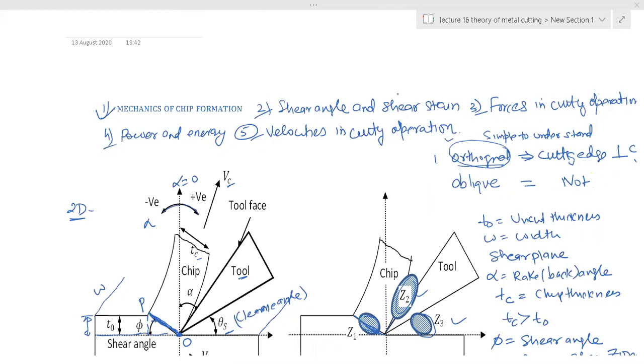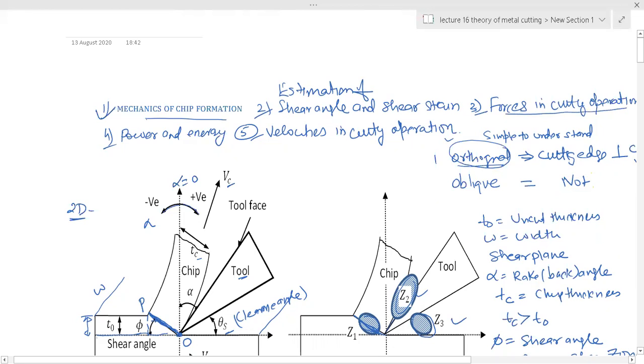We were discussing mechanics of chip formation, estimation of shear angle and shear strain, forces in a cutting operation, power, energy, and velocity in a cutting operation, and then we will also discuss metal removal rate in a machining process, or machining time.